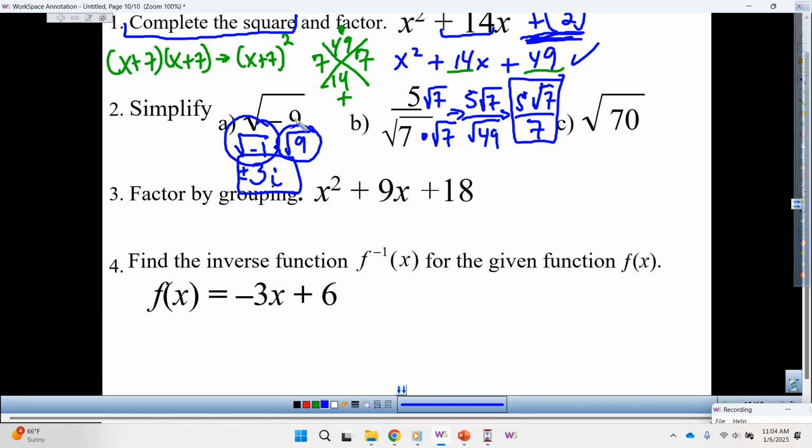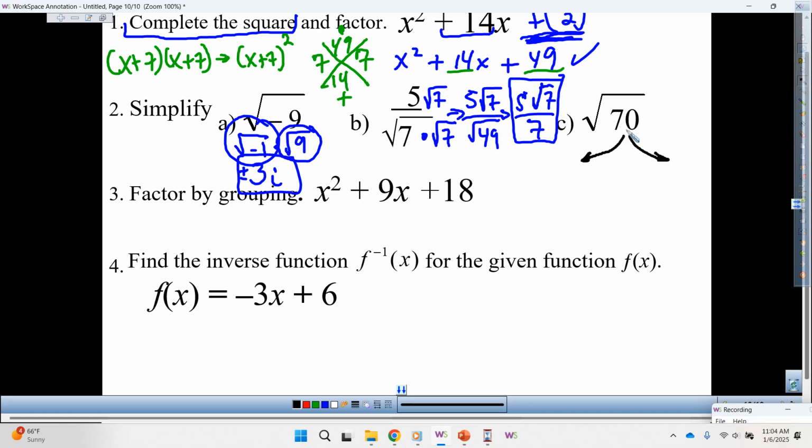Now, we need to know these guys. Like I said, we're about to embark on these, and I'm giving you some practice. Go to C. Simplify that one. So, can we take the square root of 70? Yes, but we end up with a decimal, Mr. Q. All right, so then let's find out the decimal since you already know how to do these, yes?